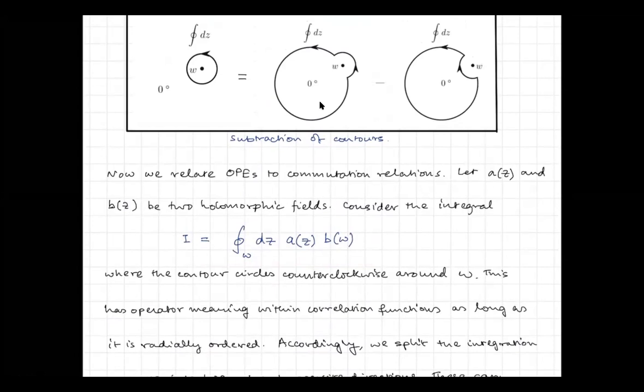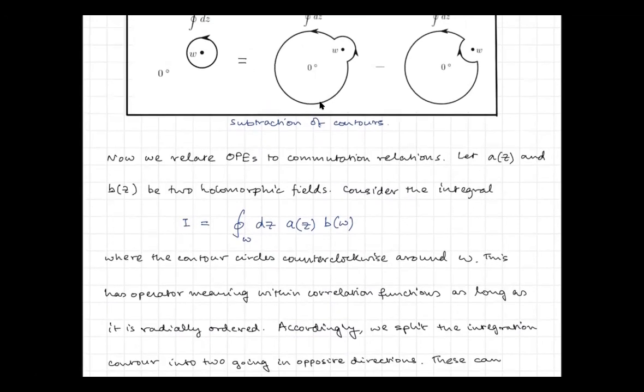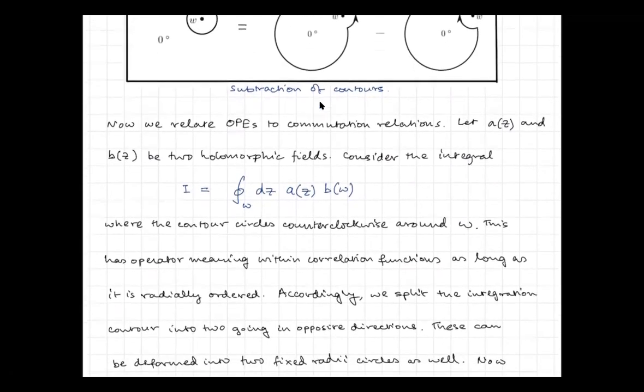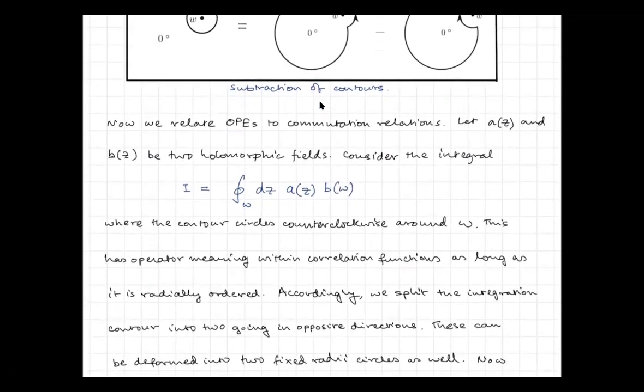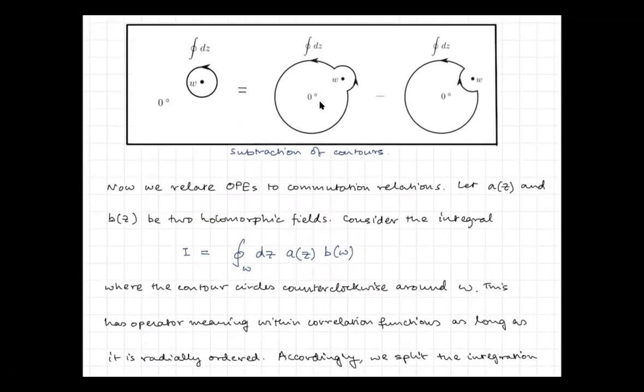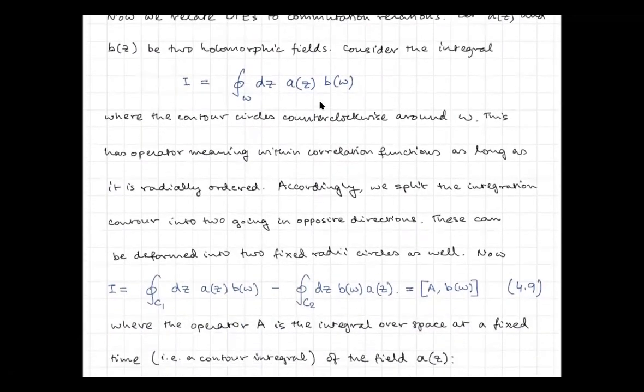Accordingly, we will split this into two contours going in opposite directions, deforming this into this subtracted from this one. So this is equivalently a circle which is a little larger, and this is equivalently a circle which is a little smaller. One includes the point omega, and one does not. And we can split this up.